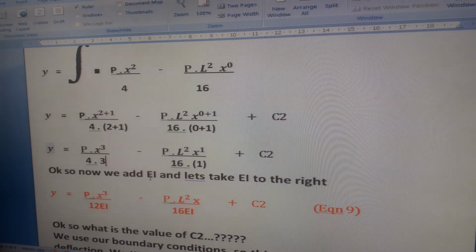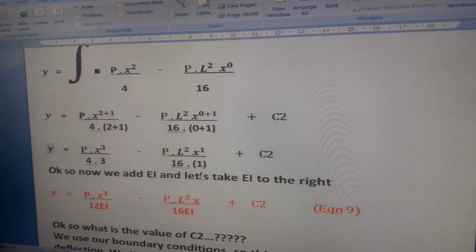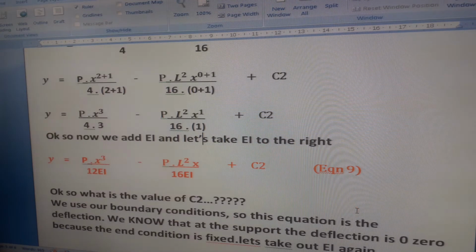Now we add EI and take EI to the right. So again, y equals Px cubed divided by 12EI minus PL squared x divided by 16EI plus C2. Call that equation 9. So that's y, the deflection.